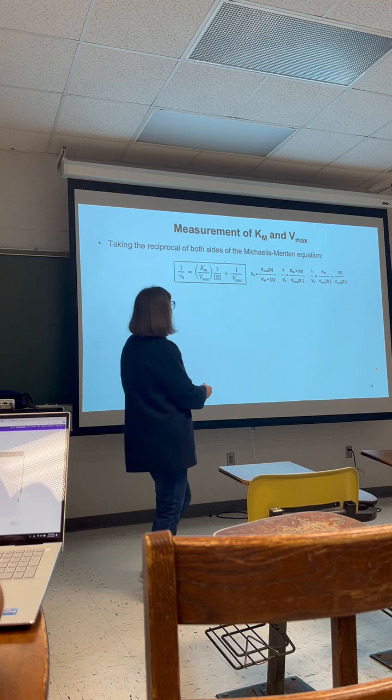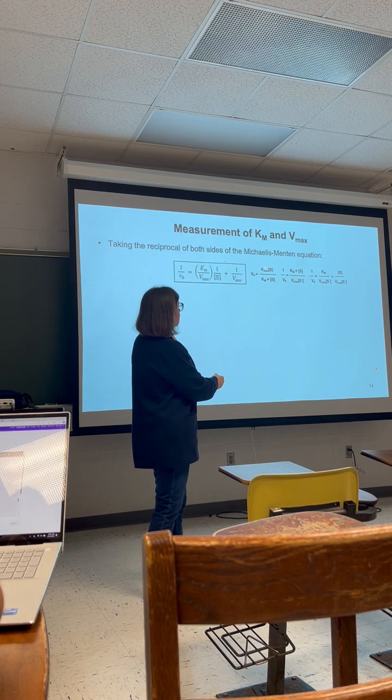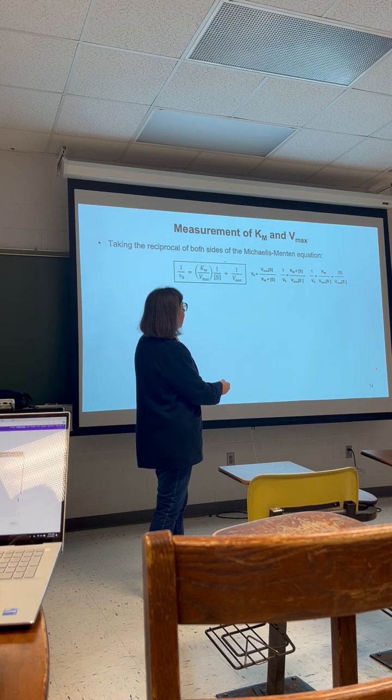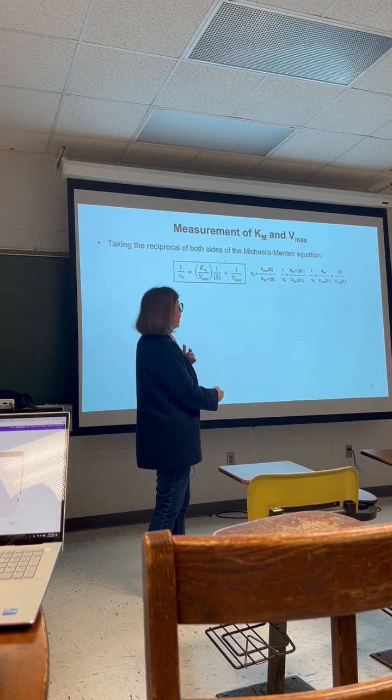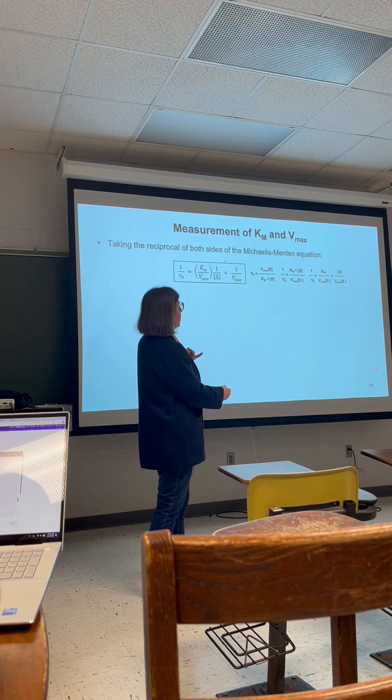Okay, I have it for you. So this is our original 1 over V0. I am taking this down, this goes to the top, and now this is plus, so I have two terms: Km over Vmax times 1 over substrate, plus the second term, substrate over Vmax times substrate concentration.